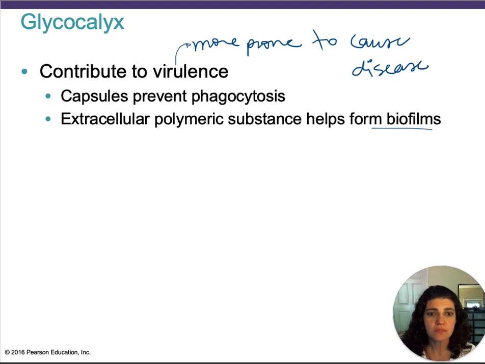Cool? So any type of glycocalyx, either capsules or slime layers, is important to virulence. Capsules prevent the bacteria from being phagocytosed by phagocytes in the host body, and slime layers contribute to forming biofilms on surfaces.